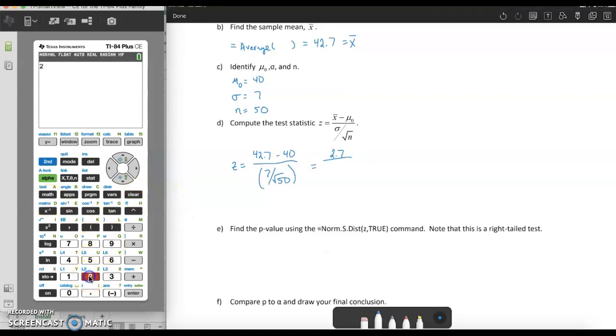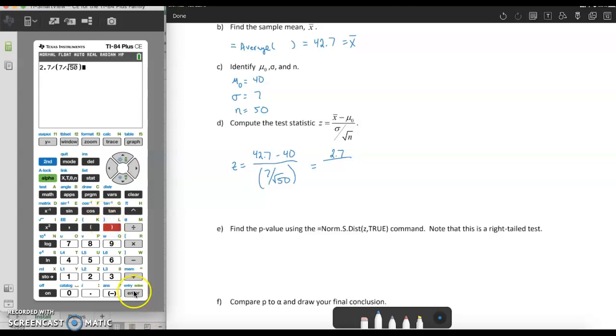So I might type this in as 2.7 divided by parentheses, 7 divided by, and then you can get your square root by doing second and the x squared button, so square root of 50, and then we can close that up.